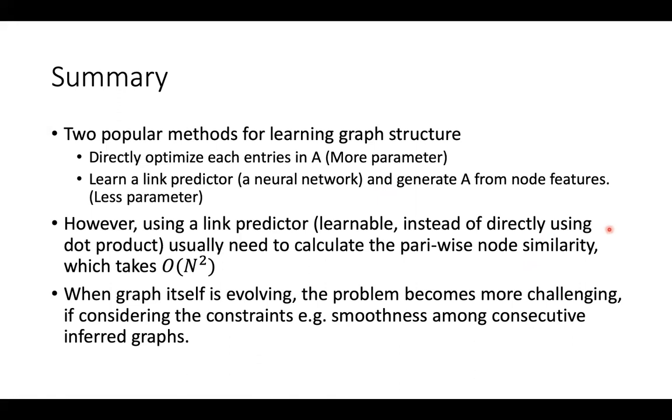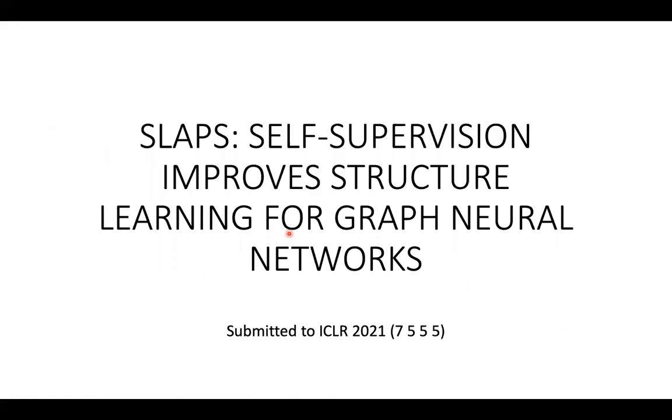Okay, so actually what we have discussed previously regarding this second bullet point is that we want to save the computational cost of this pairwise node computation by using some index, and that's what has been discussed in the second paper.